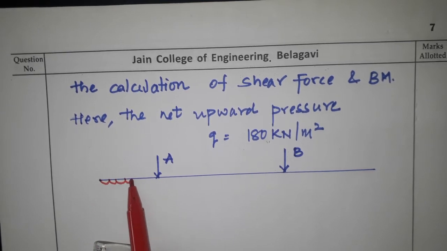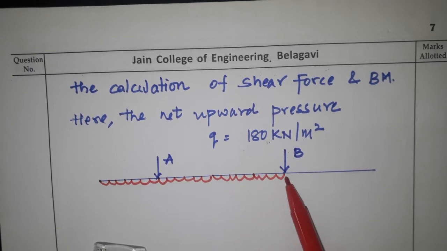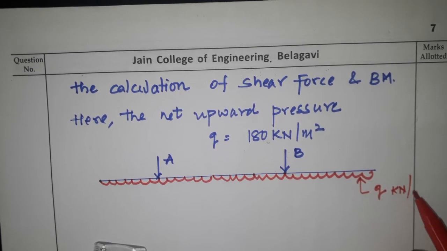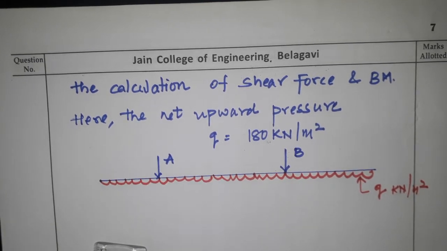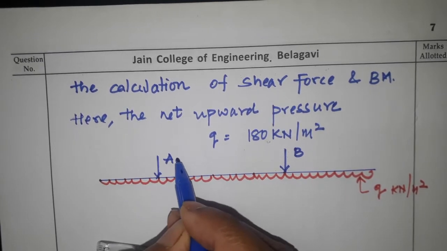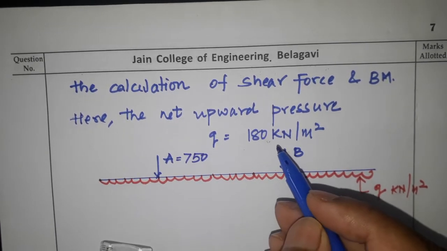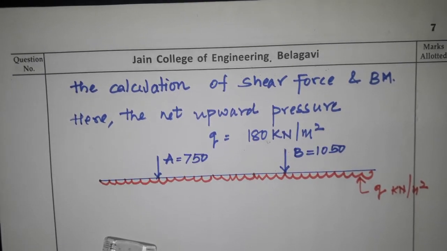This is the upward pressure Q, in kilonewton per meter square. The factored load over column A is 750 and over column B it is 1050 kN.